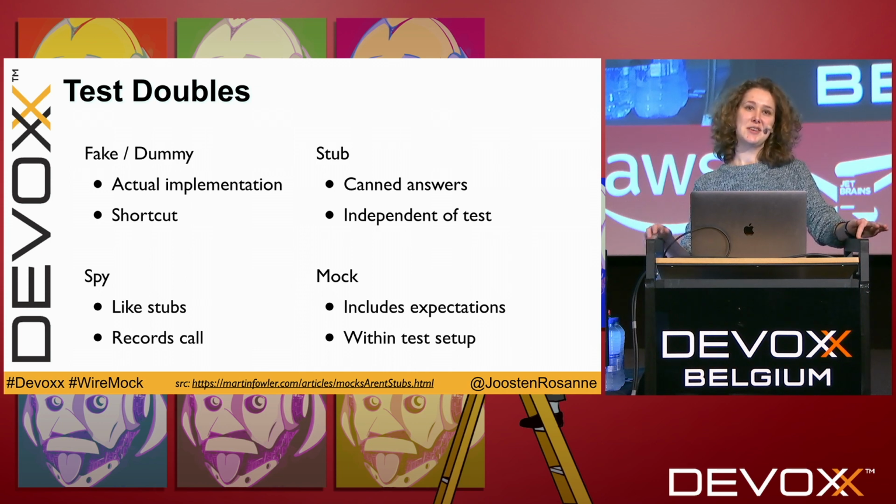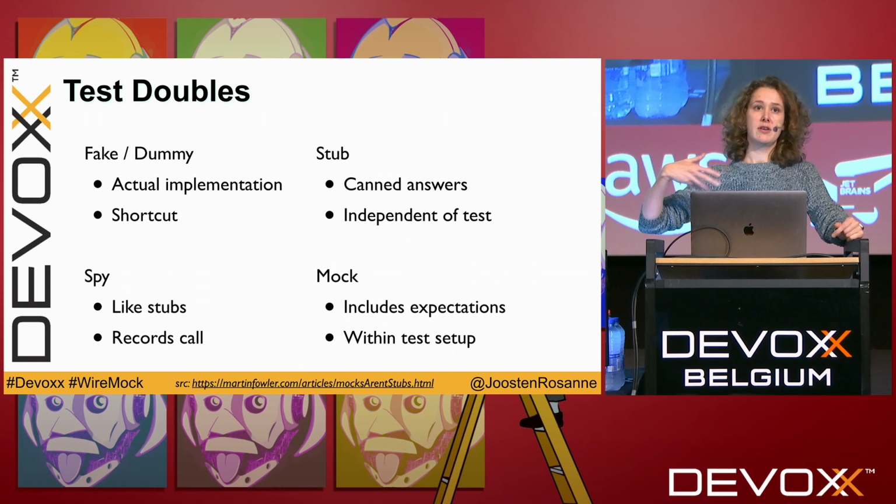You can have a test double which is a fake or a dummy. This fake or dummy uses the actual implementation, but you pass around an unused value, like a user ID, which you can generate; it doesn't have to be an existing one. Or you can use a shortcut where you don't use the existing database, but an embedded database.